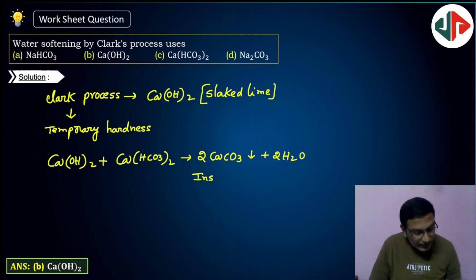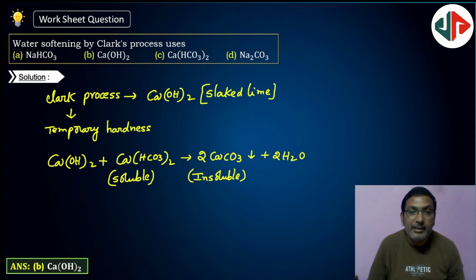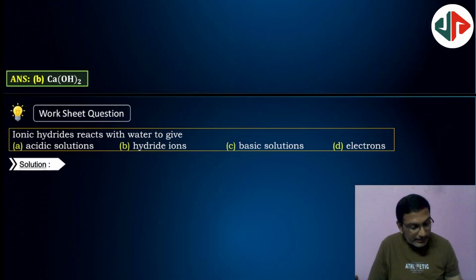This is insoluble and this is highly soluble. So calcium hydroxide or slaked lime can convert highly soluble calcium bicarbonate into highly insoluble carbonate, which can be removed easily. So option B, calcium hydroxide. Next.